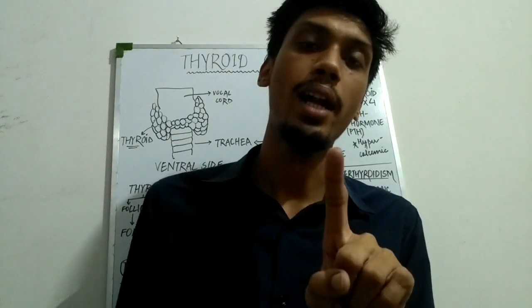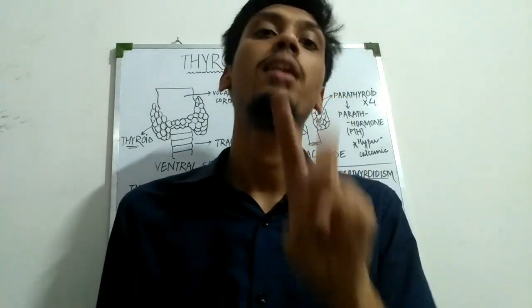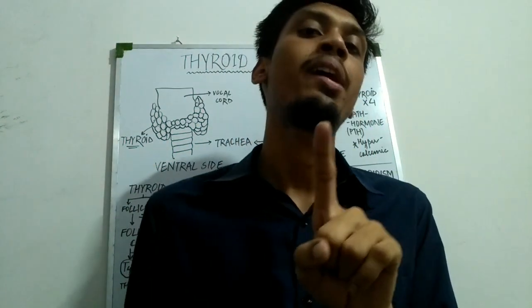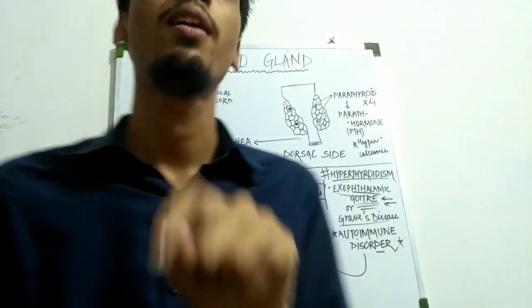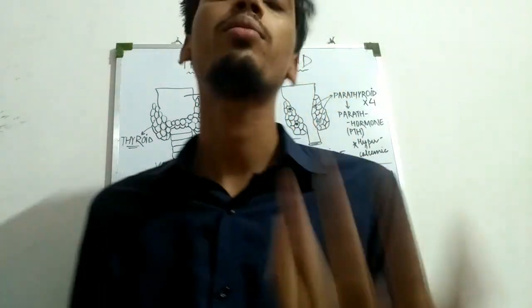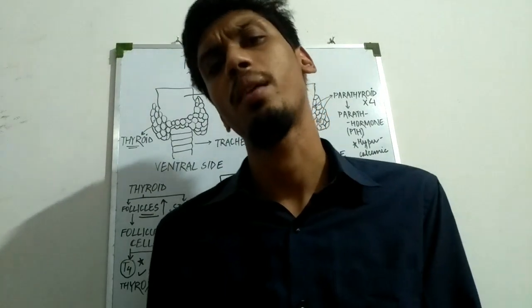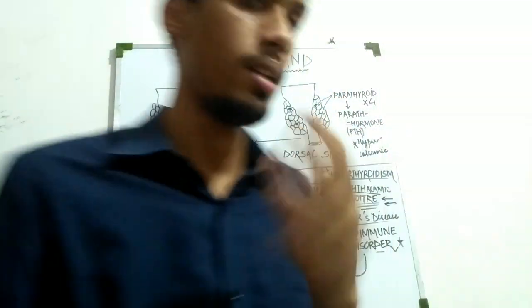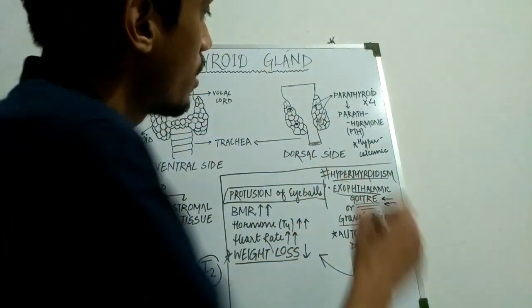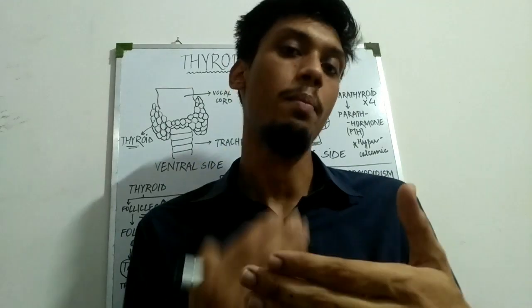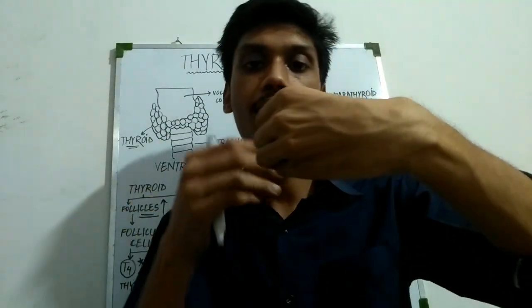One lobe of the thyroid gland contains 2 parathyroid glands, so the 2 lobes of the thyroid gland contain 4 parathyroid glands. So there are a total of 4 parathyroid glands in our body. Their location is at the back, the dorsal side of the thyroid gland. This is the thyroid gland, and they are present at the back.